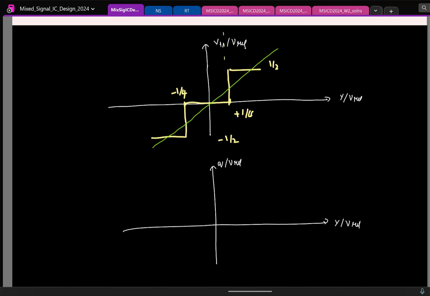Right. So I am taking the difference between the yellow curve and the green curve. So I take the difference between this and this. Initially it will do this, fine, and at this point it is going to jump, and remember that this value is 1/4.